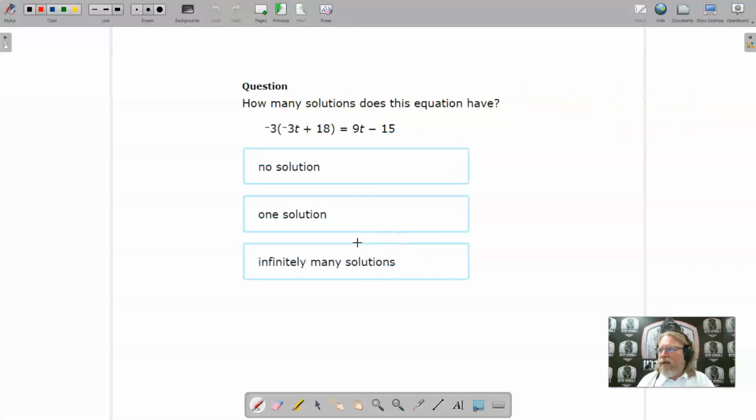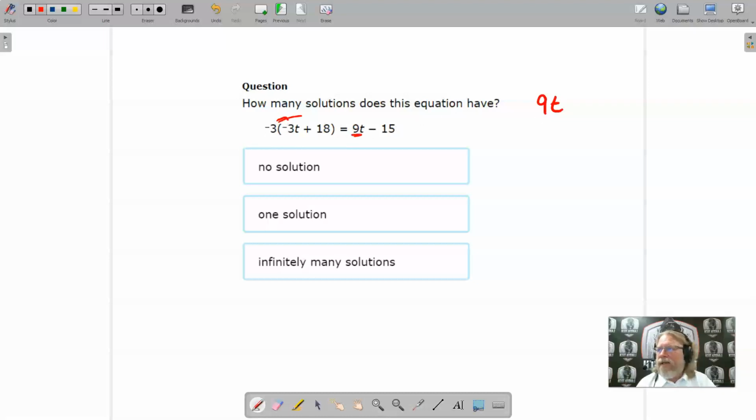Final question here, and that is, it looks like we need to do some distributive property, and it's looking kind of close. I'm guessing no solution. The 9s are going to cancel themselves. If you're saying 9s, what 9s? Check it out. Negative 3 times negative 3 is positive 9. 9 what? 9t. And already I'm saying, oh, I got a 9t on the other side.